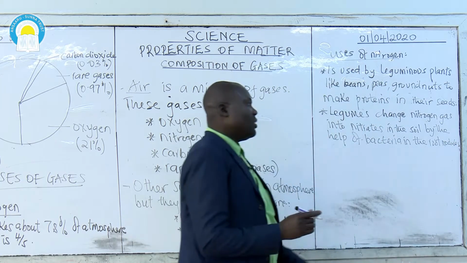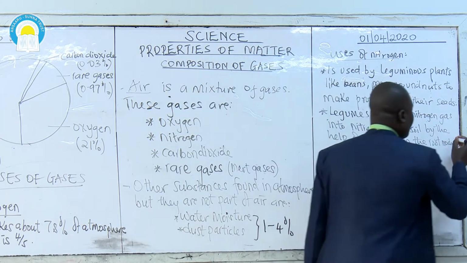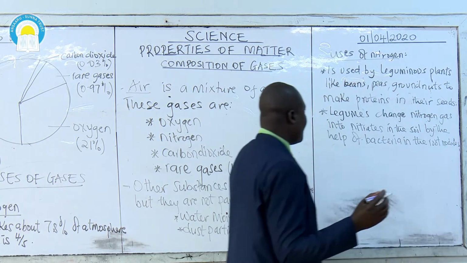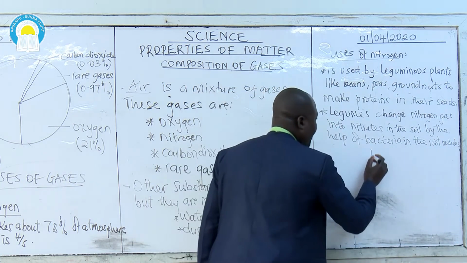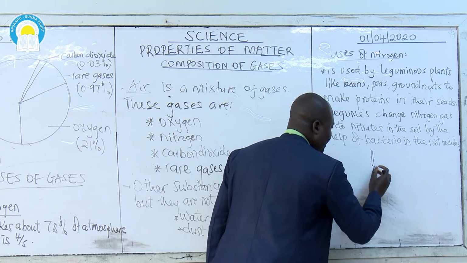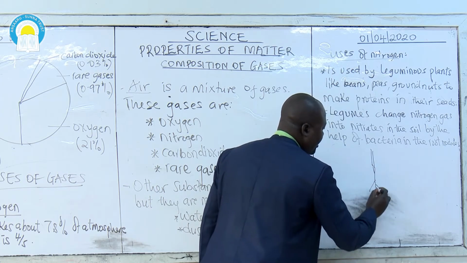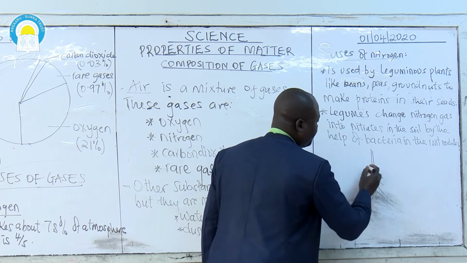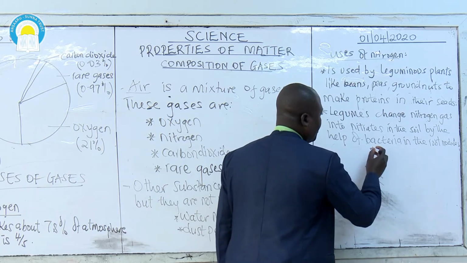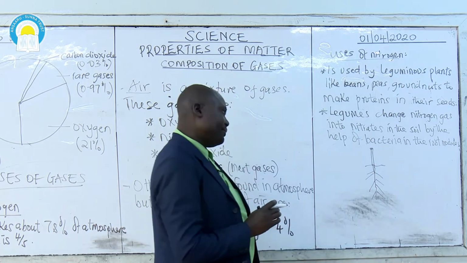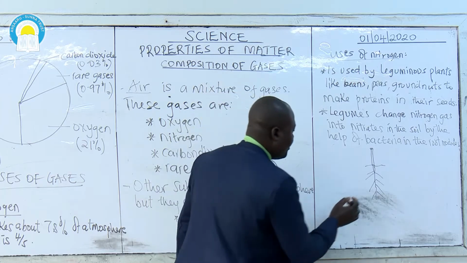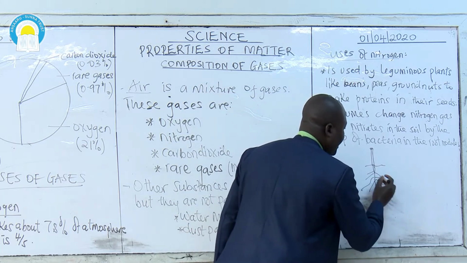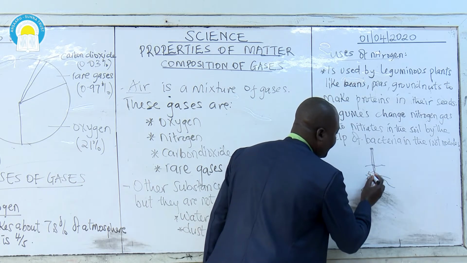Somebody may wonder, what is a root nodule? Just for drawing, if you have a plant like this, let me say this is a leguminous plant. Then on the roots here, you'll find some swellings.